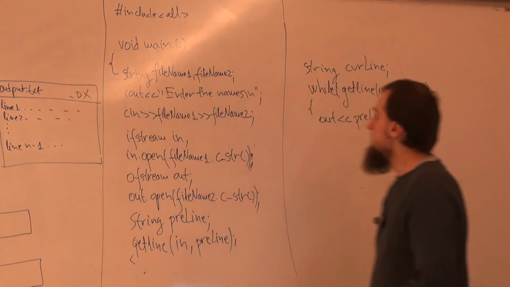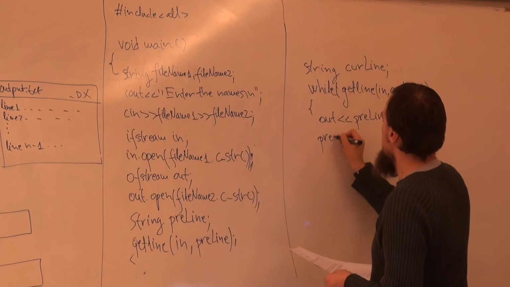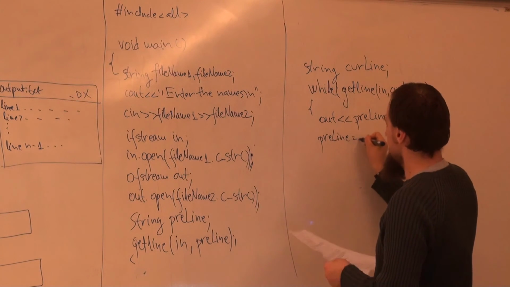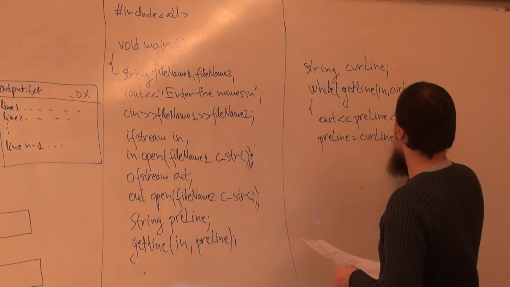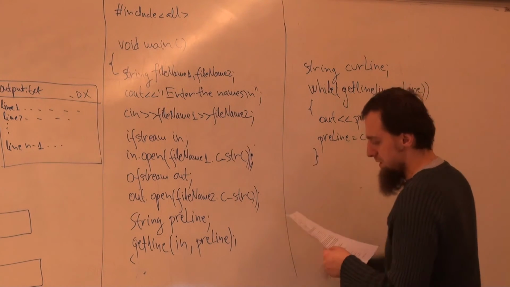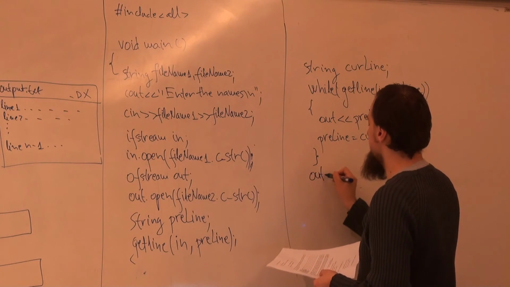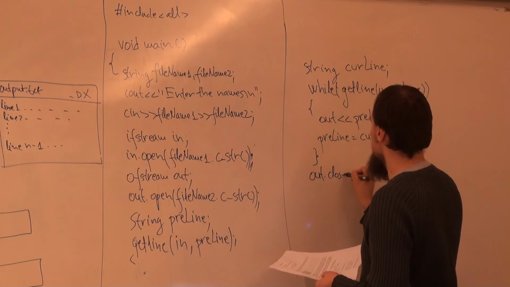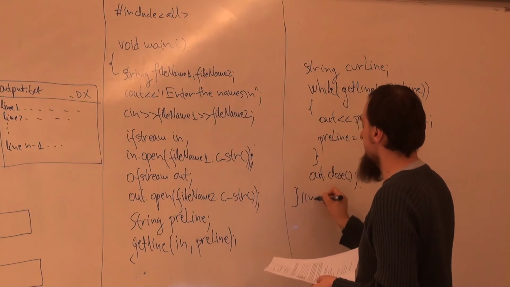Okay, so previous line is equal to the current line, and this is it. In the end, you close the output file, especially the output file is important to be closed. End of the program.